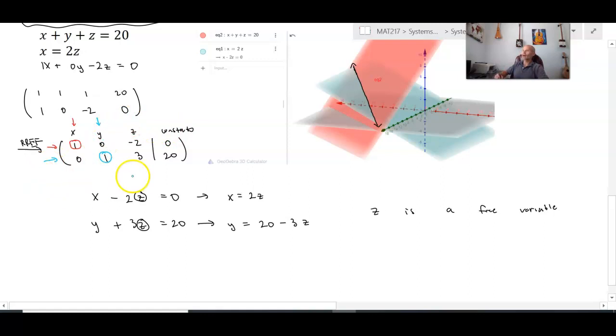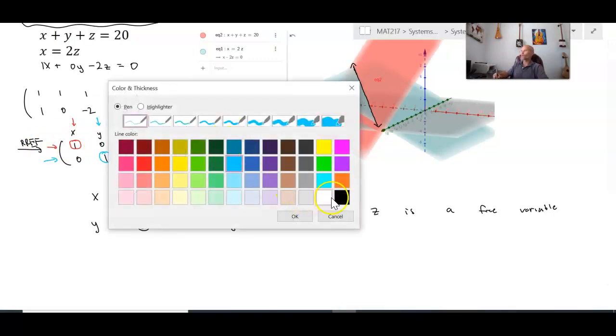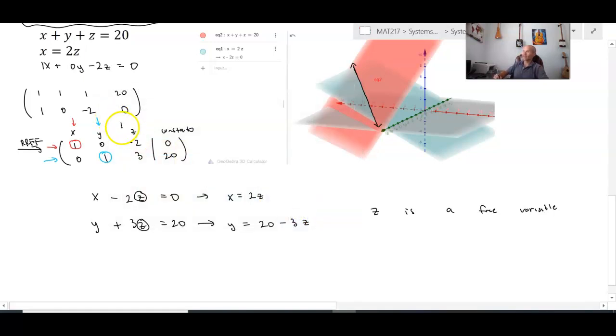Now, we've run out of rows, and we do not have a row in which the coefficient of z is the first non-zero value. I mean, there are non-zero values for z, but they're not the first in their row. So that means that we're going to identify z as the free variable.